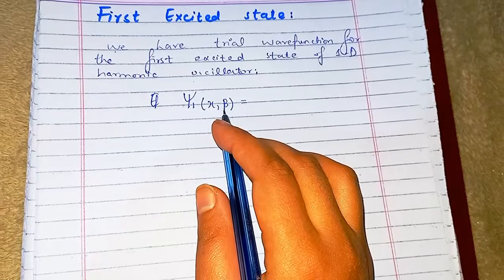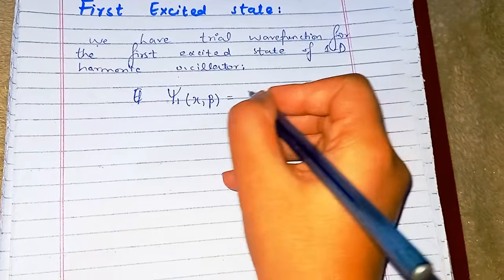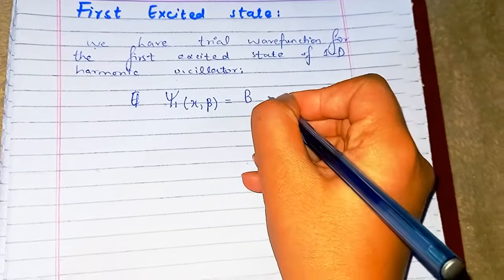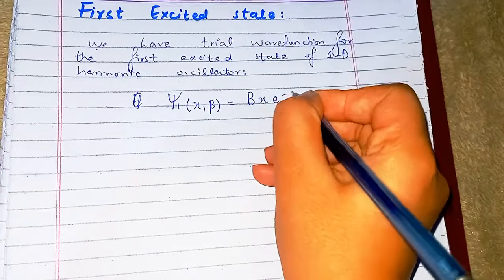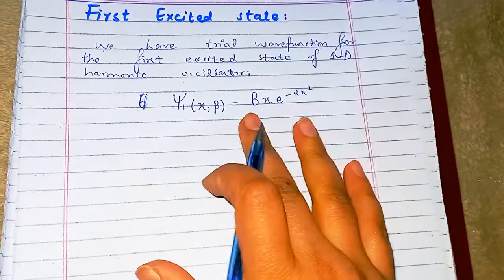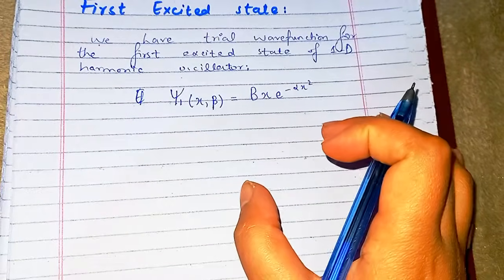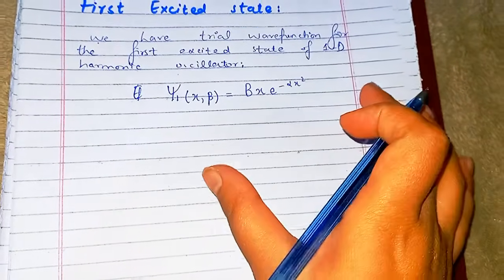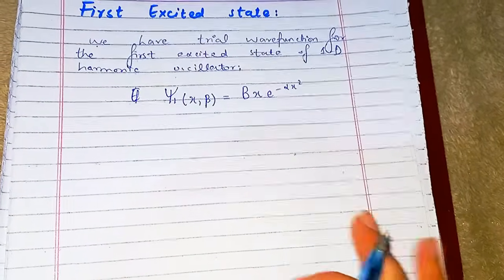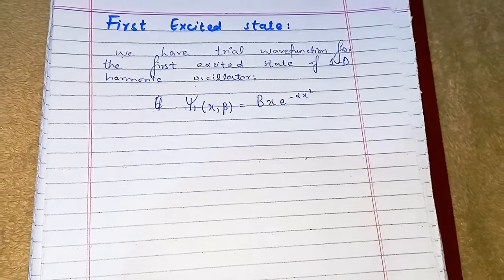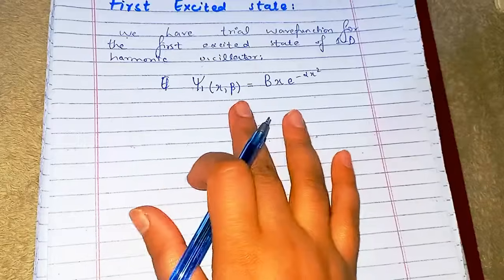Beta is the adjustable parameter, and this whole function equals b into x e to the power minus alpha x square. We'll not put the value of b right here because it's an extra thing, a constant that doesn't make any difference to the whole calculation. We'll put it in at the end of the calculation. So that is the psi 1 of x.